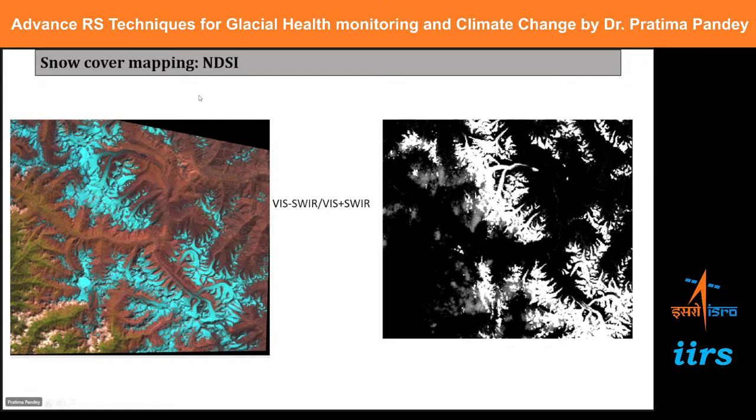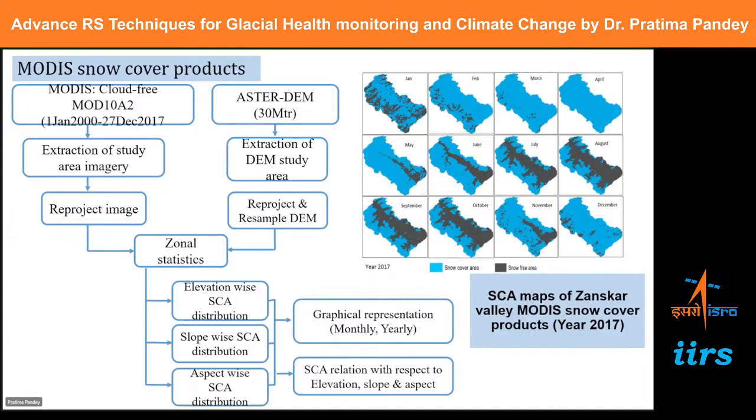So using NDSI, you can see this is the picture of a glaciated portion, and when we apply NDSI, we get only the snow part. So using NDSI, we can do snow cover mapping and snow cover monitoring. The satellite MODIS provides us snow cover data using this NDSI.